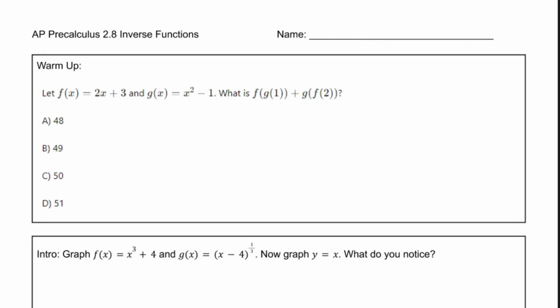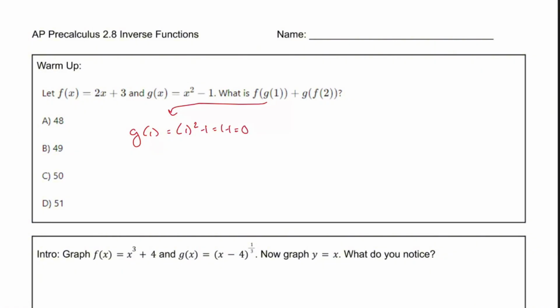First things first, composites. This is what we dealt with in the previous lesson. They want us to find f of g of 1 and g of f of 2. So let's do f of g of 1 first. I take g of x and replace every x with 1. So g of 1 is 1 squared minus 1, which is 0.